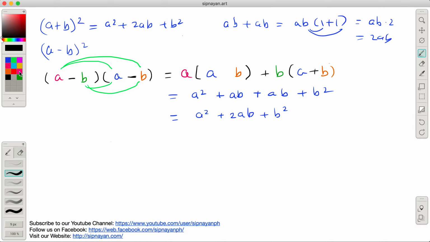A minus b, yung blue tsaka orange, magiging minus siya. What about a plus b na to? A plus b, magiging minus din siya, di ba? Okay? So, siyempre, may iba na yung sagot natin. Let's see what will happen.